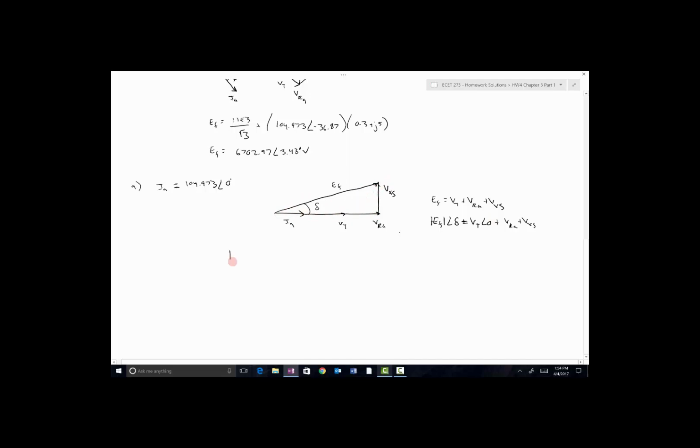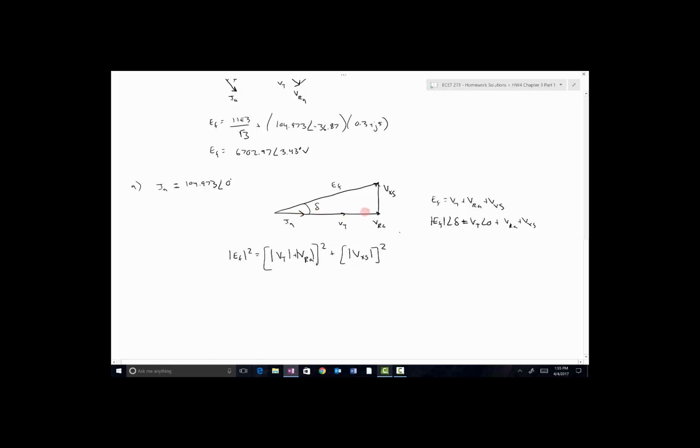We could say that the magnitude of EF squared is equal to the magnitude of VT plus the magnitude of VRA, squared, plus the magnitude of VXS squared.